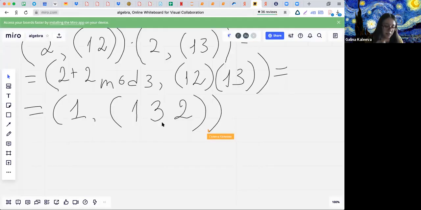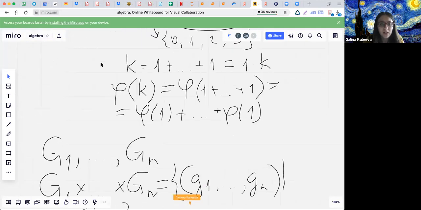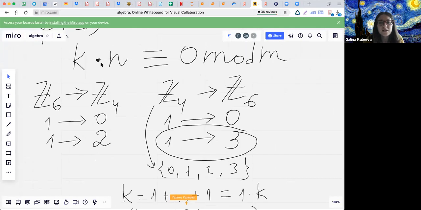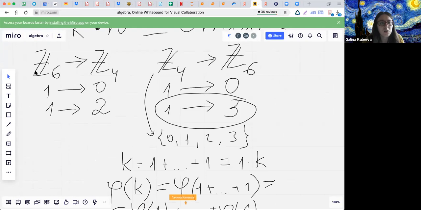Let me ask this question in the following way. When we constructed homomorphisms, what's the order of element 1 in group Z6?